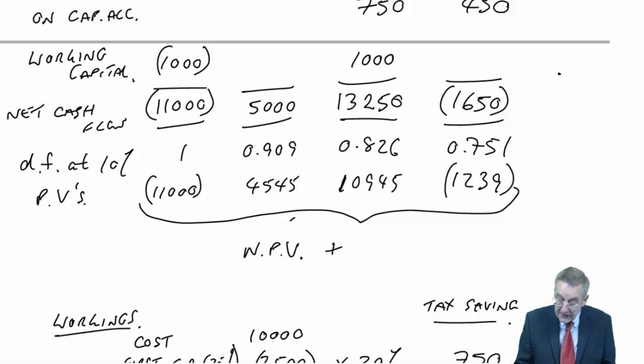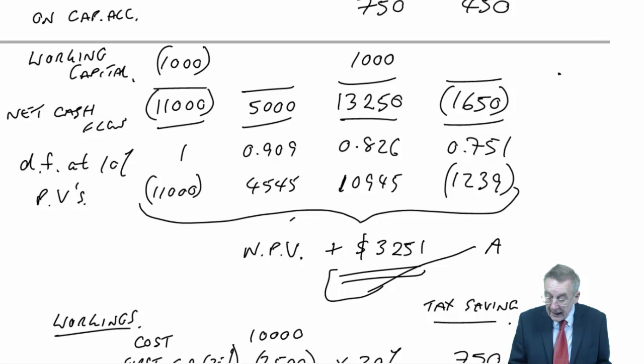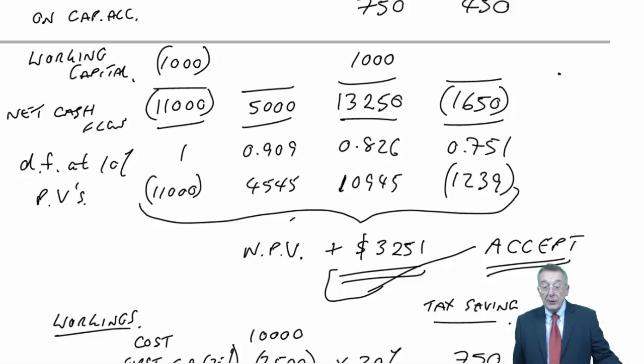I get plus 3,251. And of course, the fact that it's positive means that we would accept the project. Had the answer been negative, the conclusion would be that we'd reject the project.